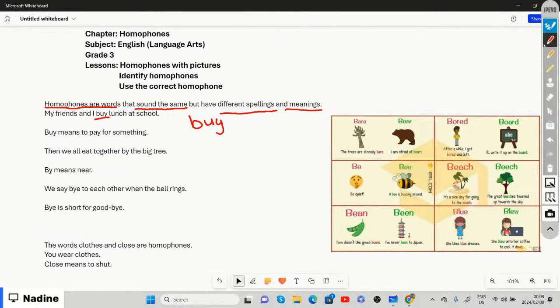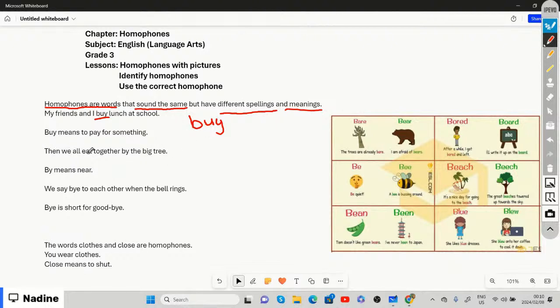It's like going to the shop, and you have to give money in order to get something. So you're buying something, you're paying for something, and then you're getting your goods or whatever you are purchasing. So that is the first word, buy.